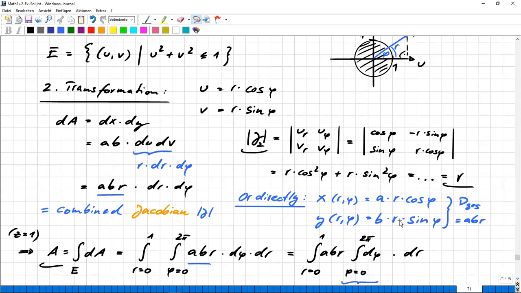It's called D again here, I will replace it by J, let's say J total. And of course, the determinant of the Jacobian will be a b r. So that's what we get all together as it's written here. You see, putting up the Jacobian of this transformation gives you a b r in one step.